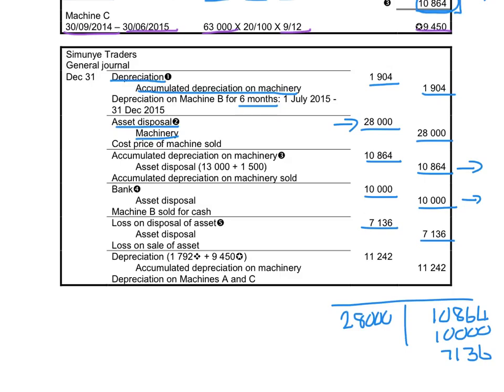You could also look at the carrying amount and say that the carrying amount is 28 minus 10,864. So that gives me 17,146. And if we receive less than the carrying amount, it means that we made a loss. If we receive more than the carrying amount, we made a profit.